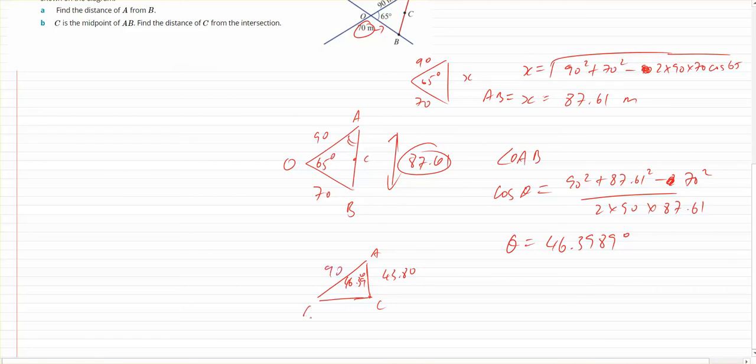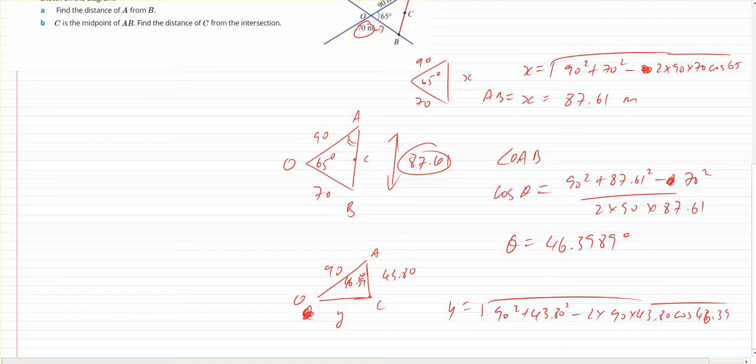So to get OC, I'm using cosine rule again. So I've essentially got two sides and then the included angle. So to get OC, y equals the square root of 90 squared plus 43.80 squared minus 2 times 90 times 43.80 cosine of 46.39. I'm going to get that answer.